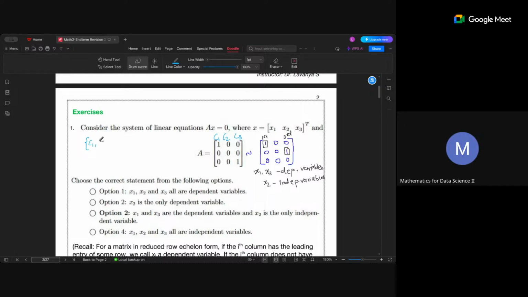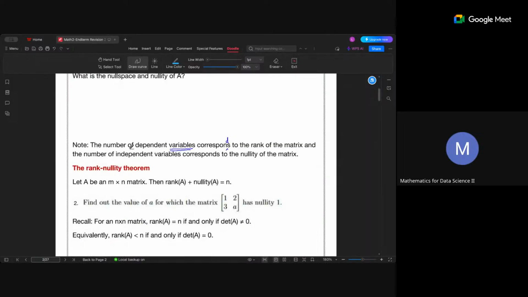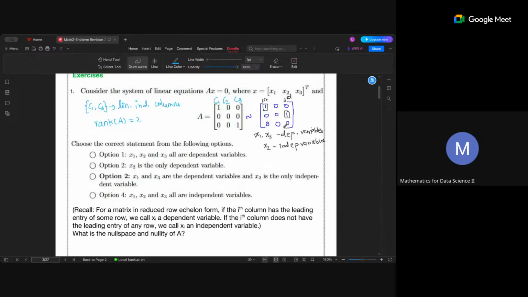So C1 and C3 are the linearly independent columns. According to the definition of rank, the rank of A is 2. Also, you can note that the number of dependent variables corresponds to the rank of the matrix.